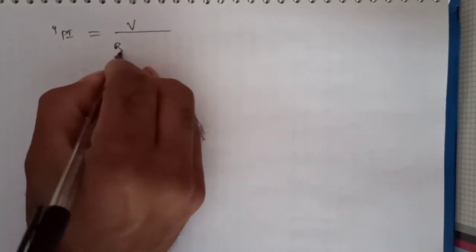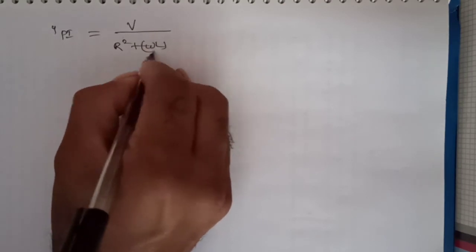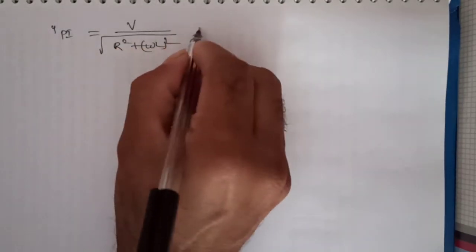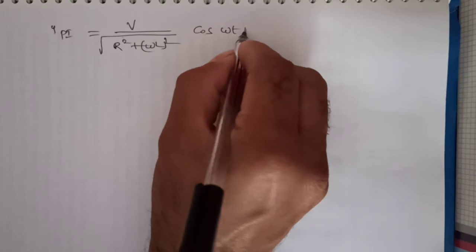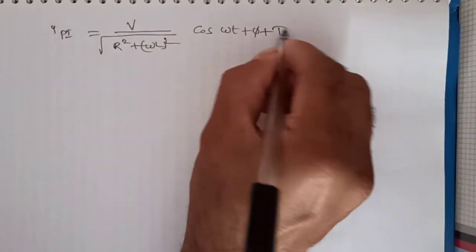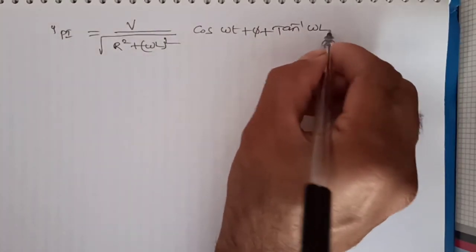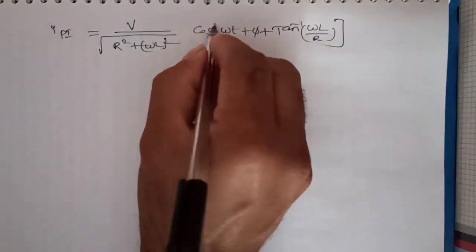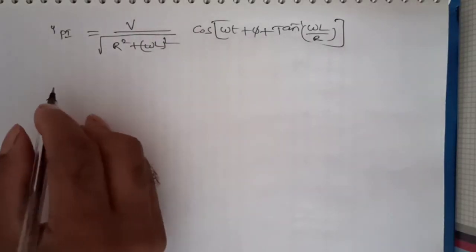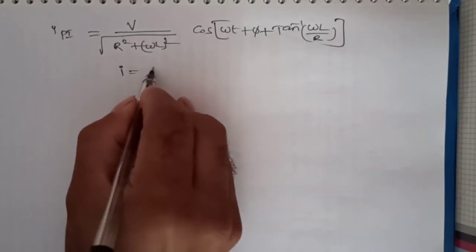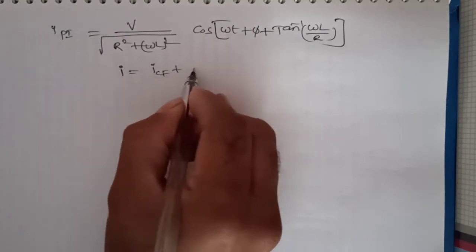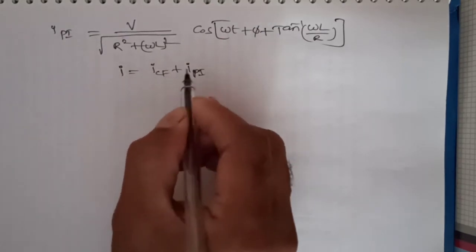We will get I particular integral is equal to v by square root of r square plus omega l whole square into cos of omega t plus pi plus tan inverse omega l by r. So this is the complete particular solution, and now we know that the complete solution of the series RL circuit is I complementary plus I particular integral.